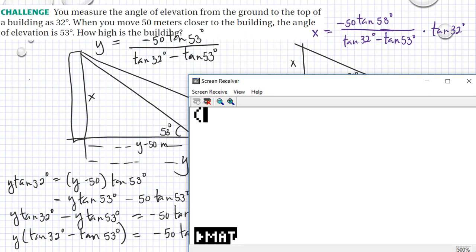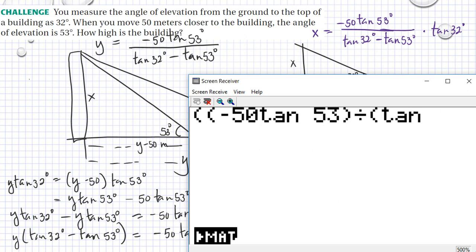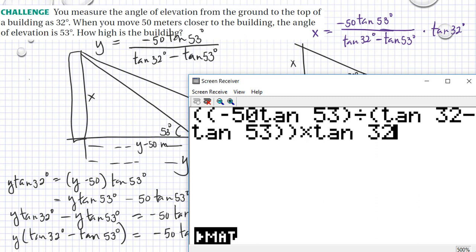Enclose them in parentheses: negative 50 tangent 53, divided by parenthesis tangent 32 minus tangent 53, multiplied by tangent 32.